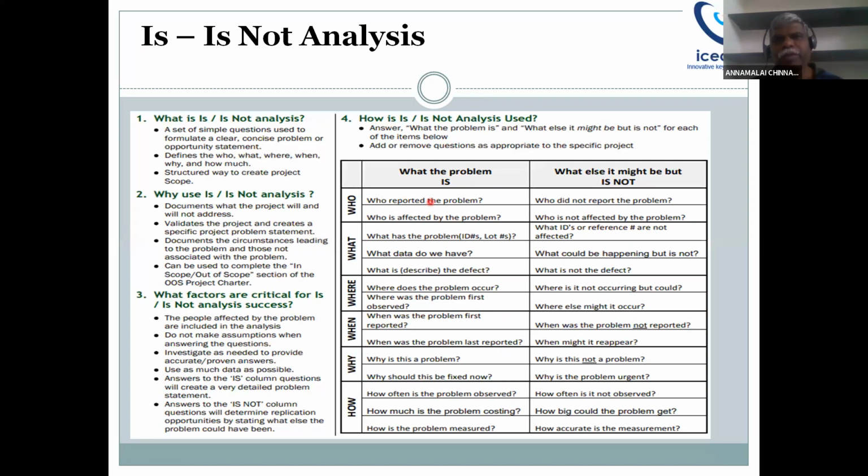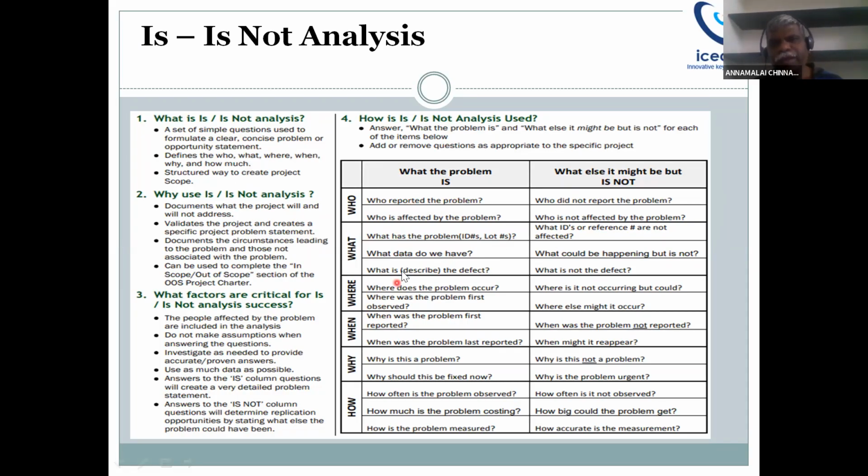Then it becomes very clear, right? That means it is not a universal problem. It is a problem to one customer, but it is not a problem to the other customer. Then who is affected by the problem, who is not affected by the problem. Then what is the problem, and what is not the problem.